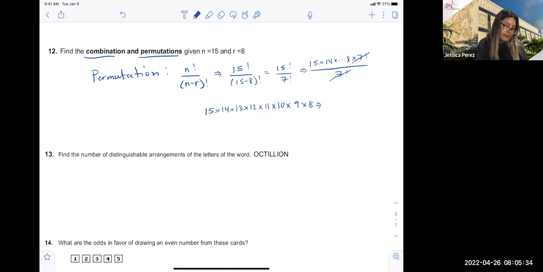So I'm left with a huge number, 259,459,200.